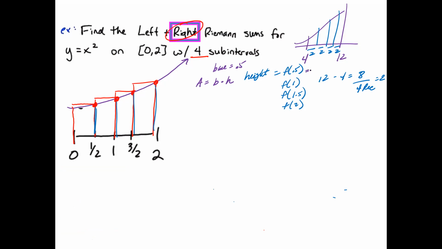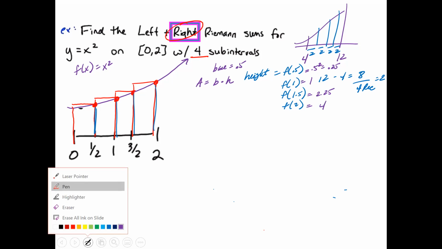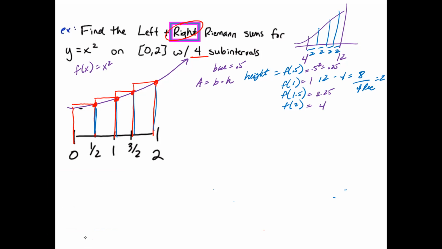And then of course, you're going to be plugging this into the f of x function, which is x squared. So 0.5 squared, we calculated that before, is 0.25. 1 squared is just 1. 1.5 squared is 2.25. And then 2 squared is just 4. So these are all the values for your height. And I can go ahead and highlight it for you guys.